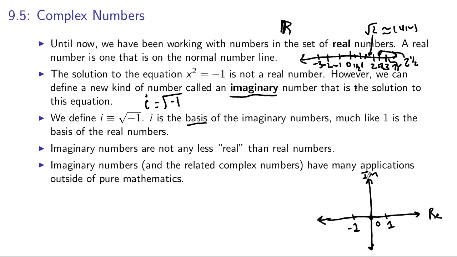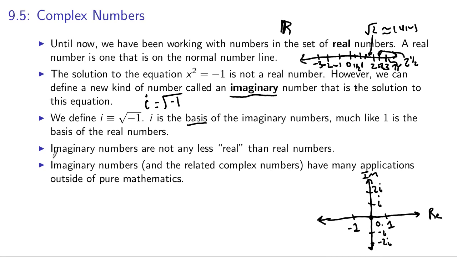So 0 is both an imaginary and a real number. It's the only number that's both. That's where they intersect. And we have i, we have 2i, we can have -i, and we can have -2i. This should remind you of the Cartesian grid that we graph functions on. So the imaginary numbers are the numbers on this line, the imaginary number line.